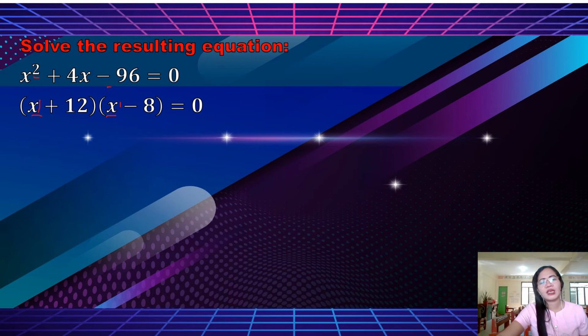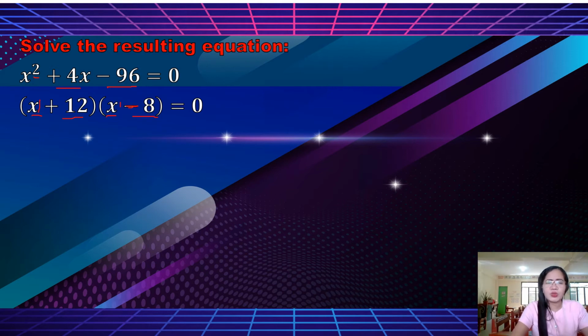Now, let's proceed to negative 96. What are the factors of negative 96? These are 12 and negative 8, because 12 times negative 8 is negative 96. And it's not only about multiplication, we also need to get the middle term by adding or subtracting: 12 minus 8 is 4, so 12 and negative 8 are correct.